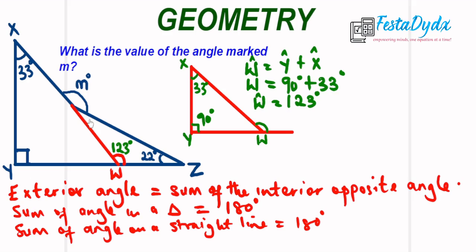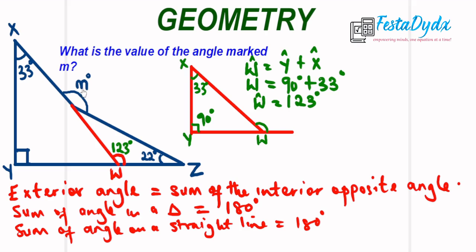After getting this part, we'll notice that this line we connected actually gave us a straight line to X, and the sum of angles on a straight line is 180 degrees. So whatever we get here, when we subtract it from 180, we'll be able to get the part marked M.